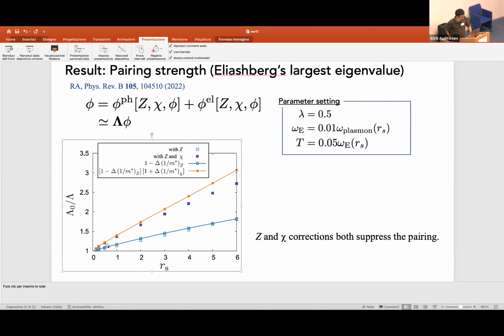The blue points represent the result with only the Z term, and the purple points represent the result with both Z and chi terms. The green and yellow lines represent some analytical expressions derived from my analysis. The important result is that in the pairing renormalization case, the Z term and chi term cooperatively suppress the pairing.